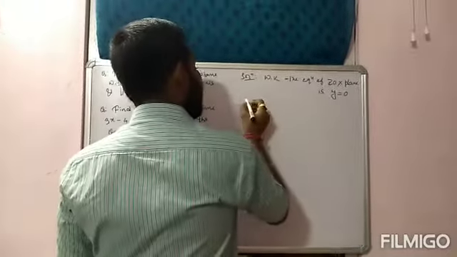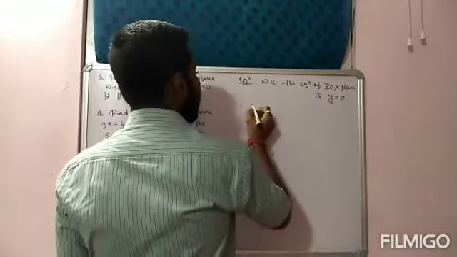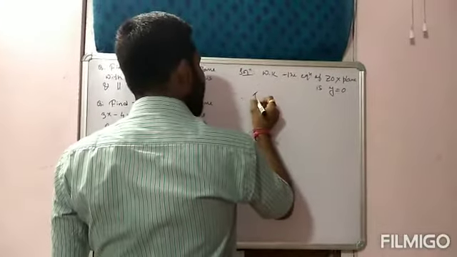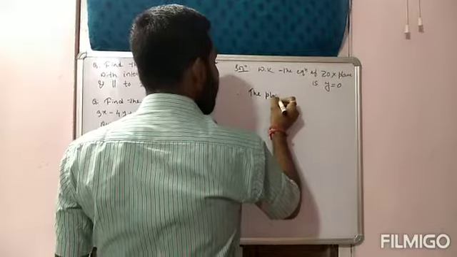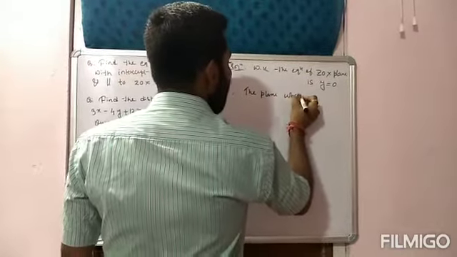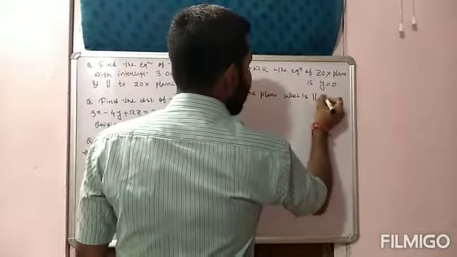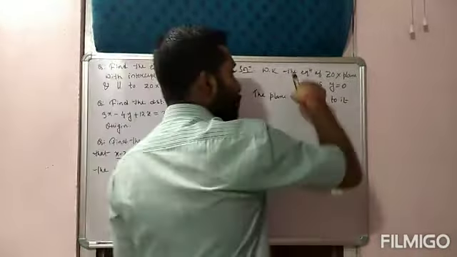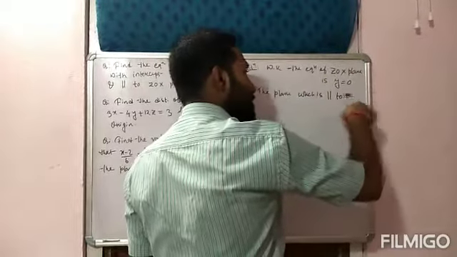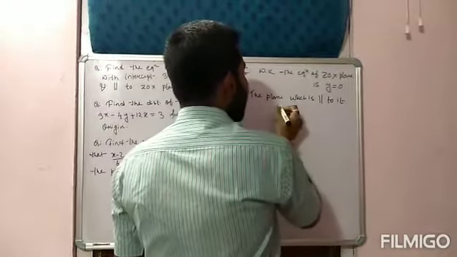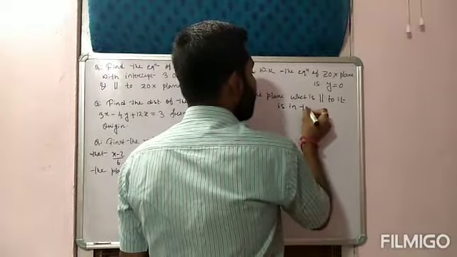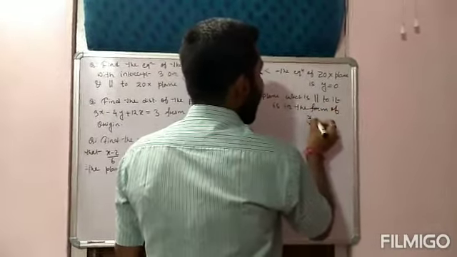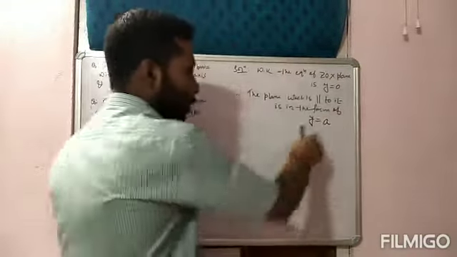Okay, therefore you are asked to find the equation of the plane, so therefore the plane which is parallel to this plane is in the form of y is equal to a, not 0.